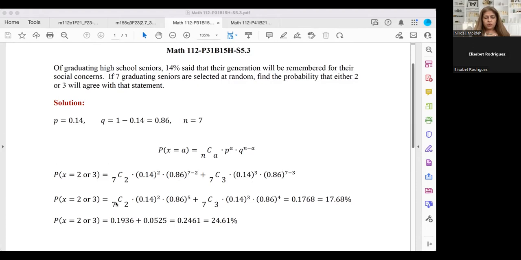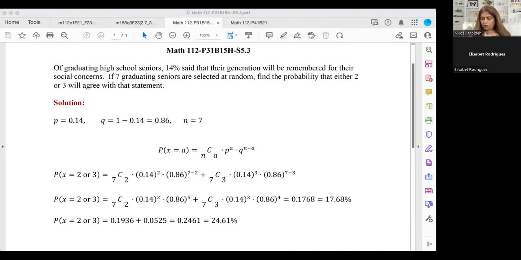So I clean that up. I get combination of 7 choose 2, 0.14 to the power of 2, 0.86 to the power of 5. I do the same thing for 3: combination of 7 choose 3, 0.14 to the power of 3, 0.86 to the power of 4.